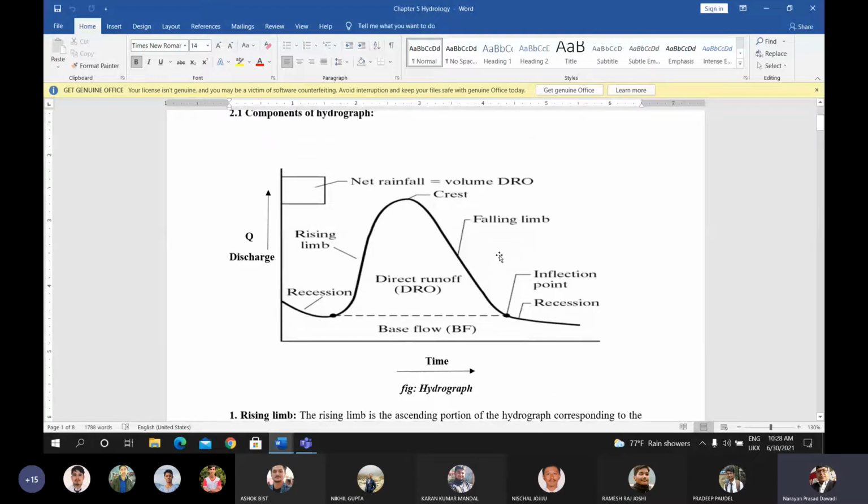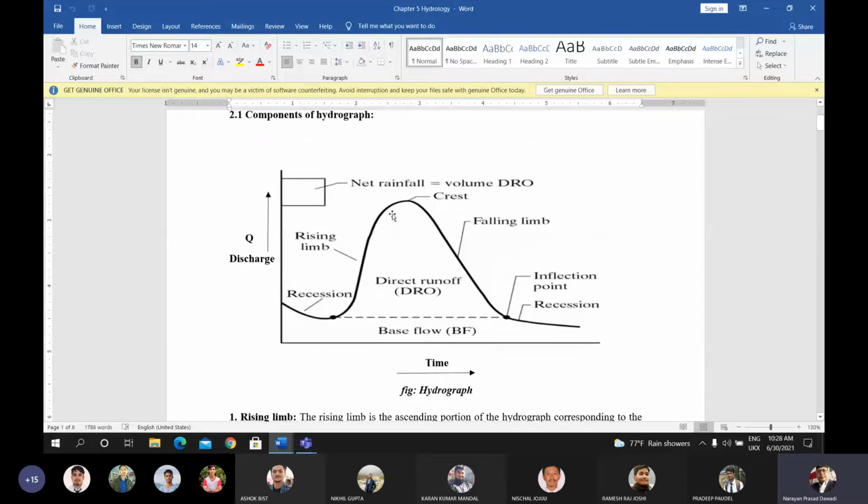In the hydrograph, if you consider only the direct runoff hydrograph, then from the initial starting point the hydrograph curve rises to the crest point.